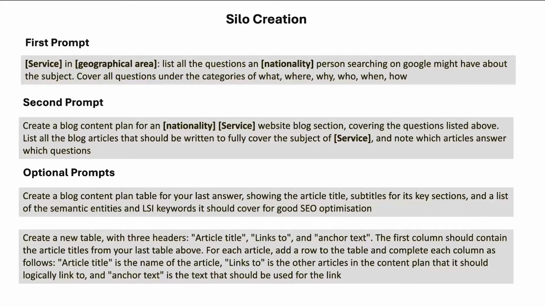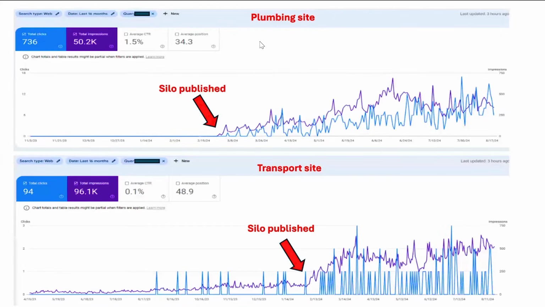The next prompt just basically gets it to give you a title, a table that says this article is internally linked to this article. So you're logically seeing where you're going to want to link, because from a structural point of view, where I would work it is if you have a service page. The example I gave you on this one is, let's say I've got the service page, which is what we want to rank.